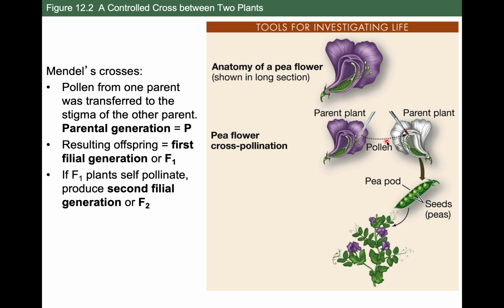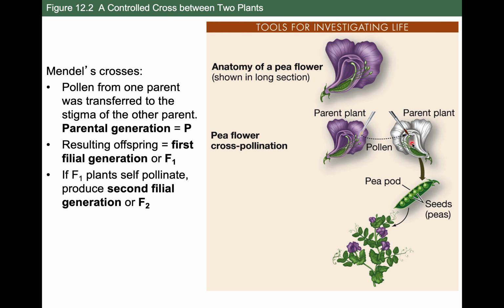And what he did, instead of letting them self-fertilize, is he would intentionally cross-pollinate, so breed them together, crossbreed. And to do that, he would simply have to take pollen, which is basically the sperm from one plant, and then dust that onto the anther, the female part of another plant.